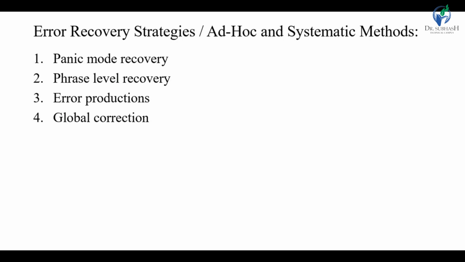So all the phases of the compiler are connected with the error handler. If an error occurs in any phase, at that time the error handler is used. So these are the basic methods of error recovery strategies.